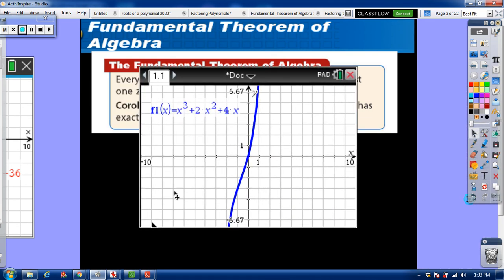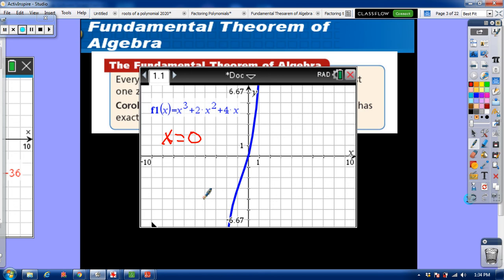Now, let me pull in another third degree graph that I have. This polynomial here is also a third degree polynomial, but in this case, notice that it only crosses the x-axis in 1 point. But it should still have 3 zeros. In fact, when I work this polynomial out and solve it, I'll find out that one of its zeros is x = 0, which I can actually see here, and that's the real zero that I have.